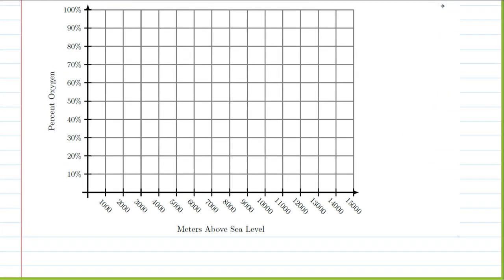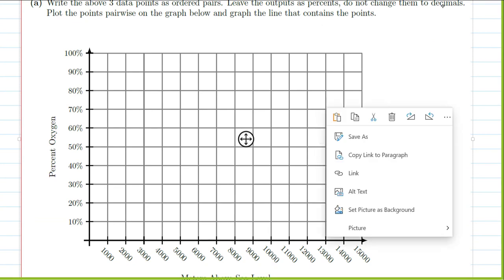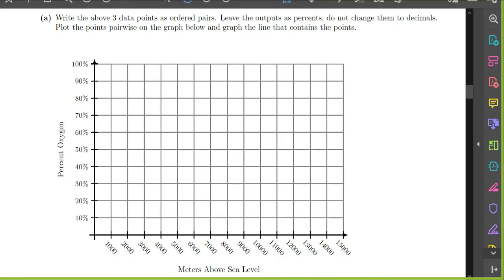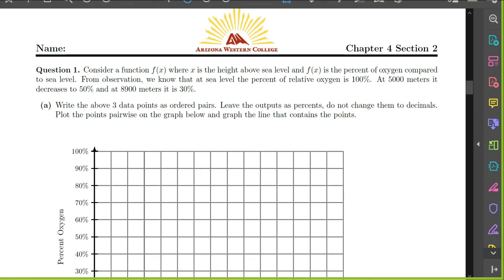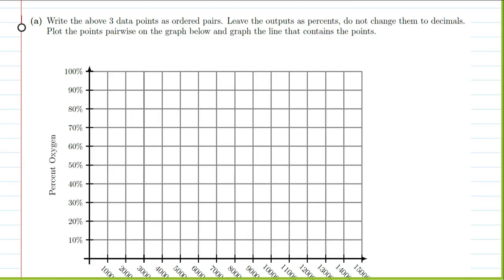All right, so our first ordered pair is actually the trickiest one. It says at sea level, we have 100% of our relative oxygen. So what is the altitude at sea level? Well, it would be 0 meters, and we would have our output as 100%.